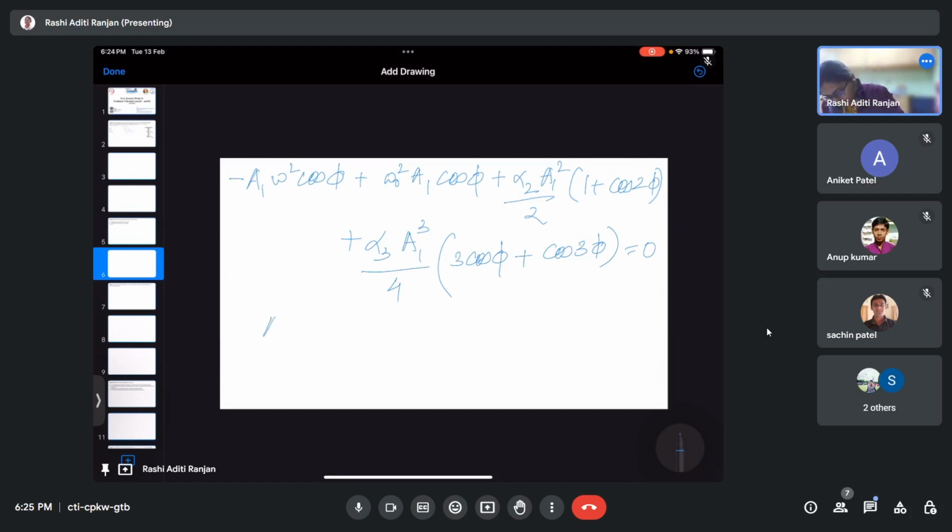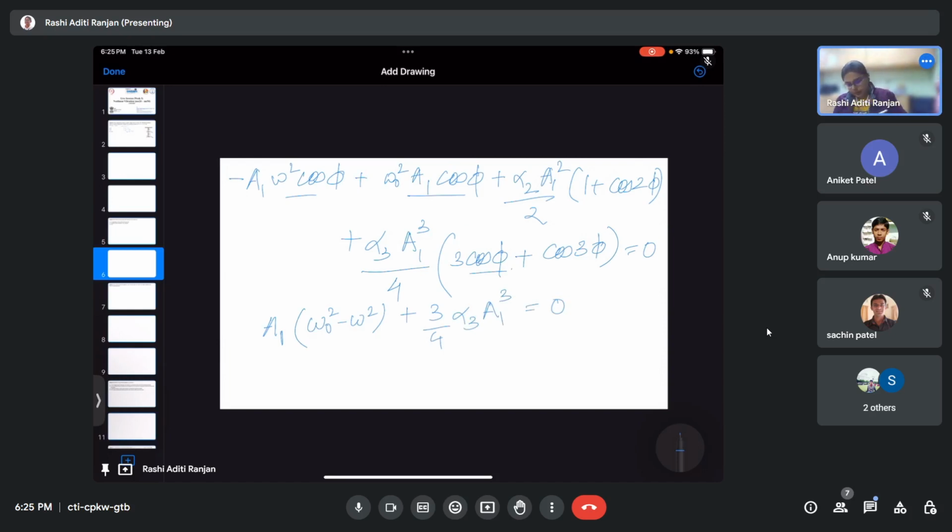I'll get a1 into omega naught square minus omega square from these two, and from here there is no cos phi, then we have cos phi over here, and we'll have 3 by 4 alpha 3 a1 cube equals 0.